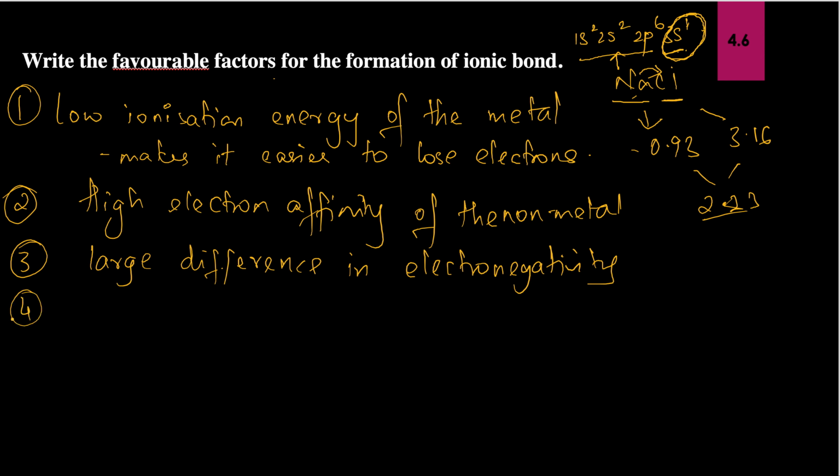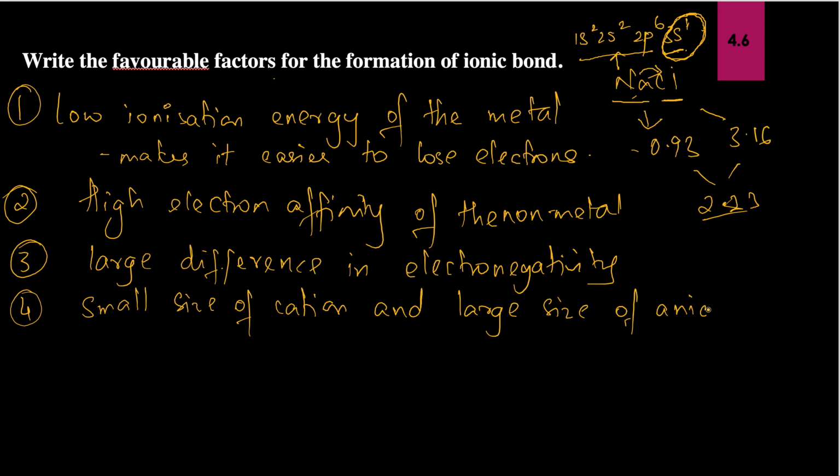Next one is something you've studied in Fajans' rule: small size of cation and large size of anion. If you take sodium, sodium loses one entire shell when it is forming a sodium ion, so the size will reduce even more.